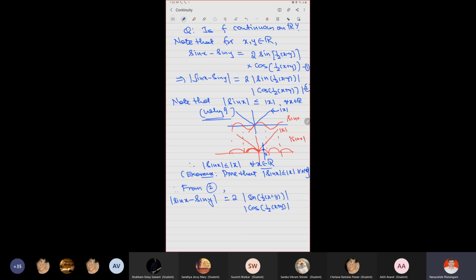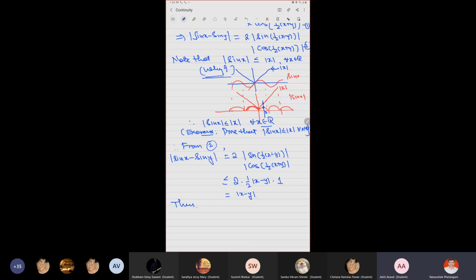But now this is less than or equal to 2 as it is. Now the absolute value of sine of something is less than or equal to what? And the absolute value of cos is less than or equal to. Is it clear? Yes, sir.